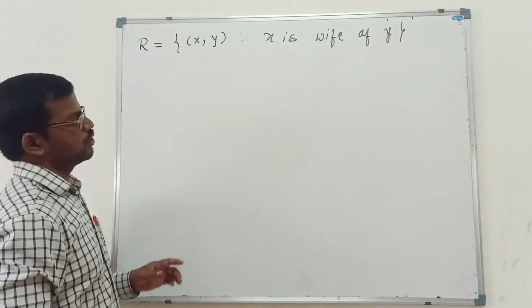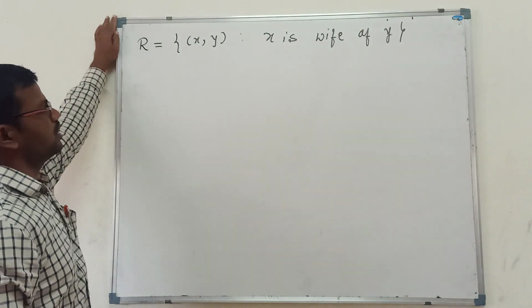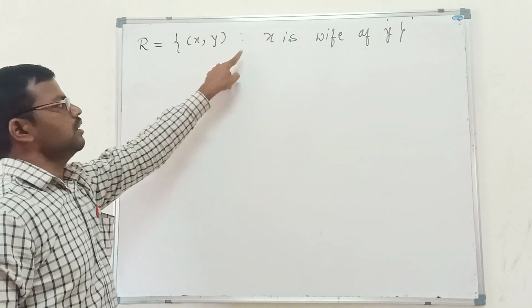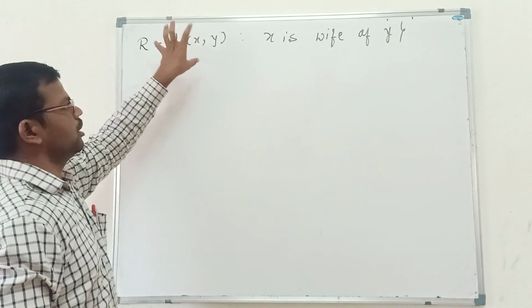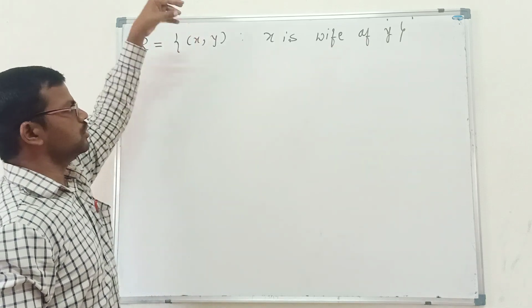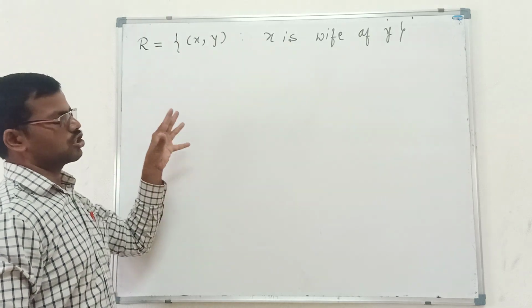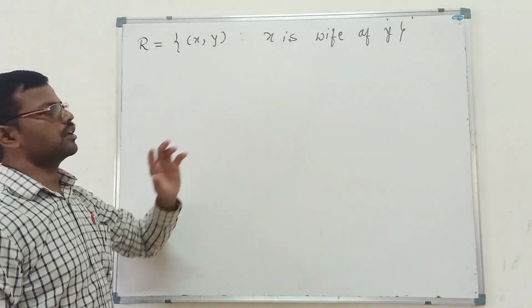So in the fifth question, the second one, we have chosen the given relation (x, y): x is the wife of y. So x and y are persons who belong to the set A, which is a collection of human beings who live in one town at a particular time.